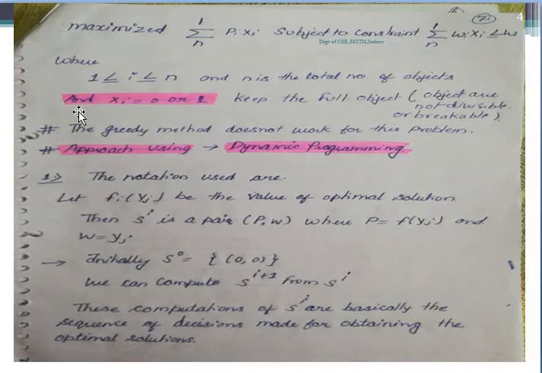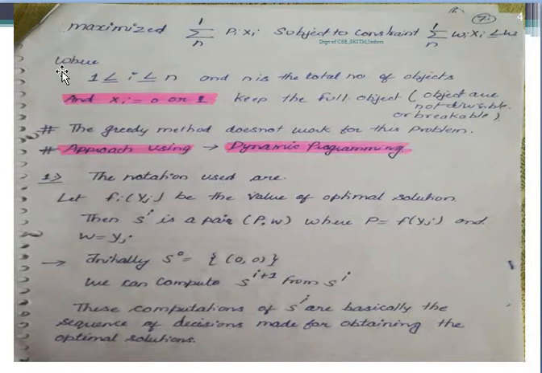So the objective is that we either take the whole object or we do not take it; we cannot take a fraction of that object. So here the greedy method does not work for this problem.